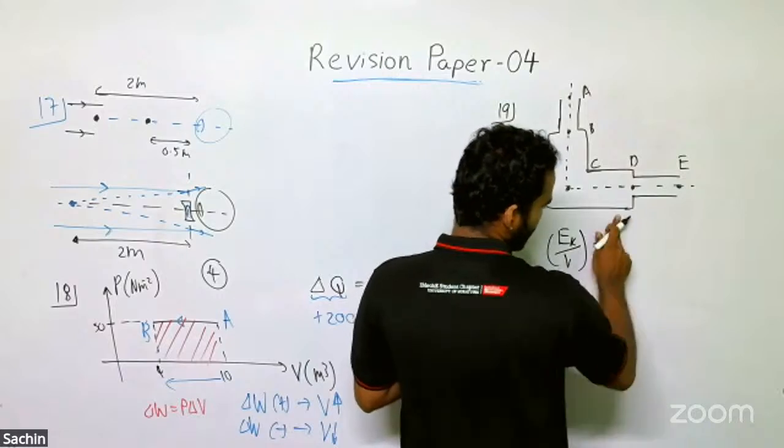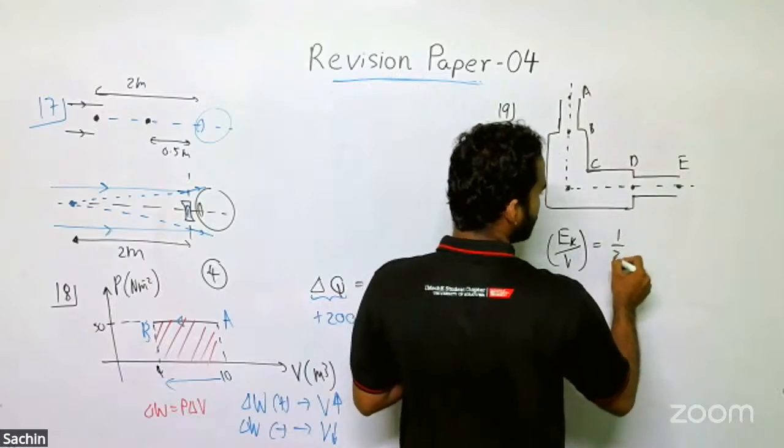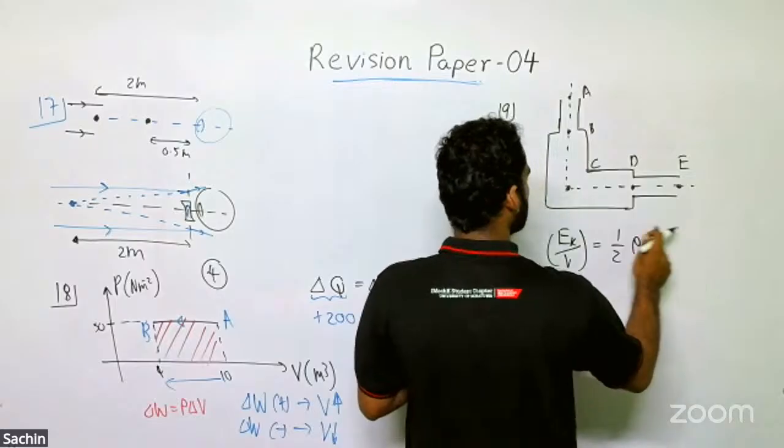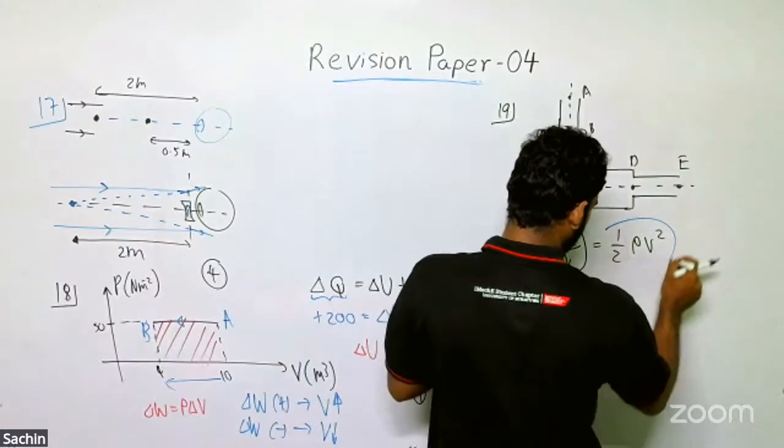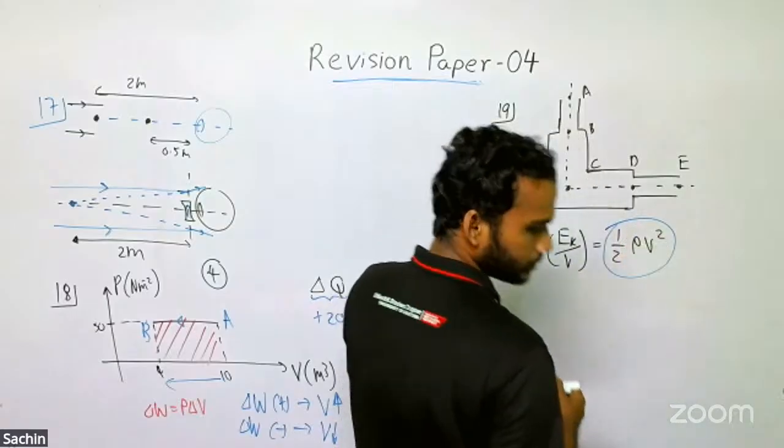We met this quantity in the Bernoulli's equation. You remember half rho v squared. So for this term, we call this the kinetic energy per unit volume.